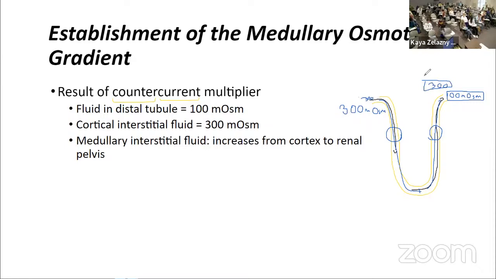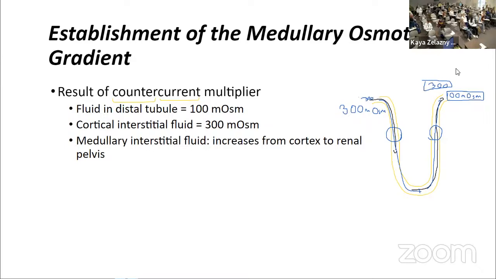And this is why eventually we're going to see that as we regulate water reabsorption, this difference is going to mean that we are able to pull on the water in that fluid in the distal tubule, okay, because water is going to flow towards the higher number.